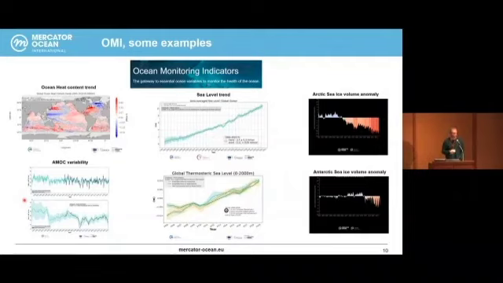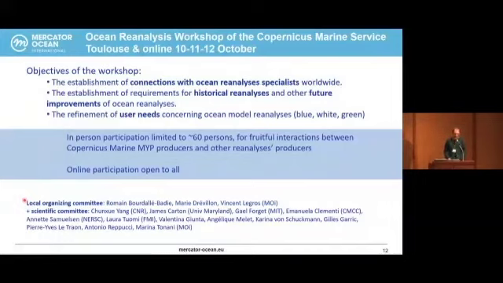We also wanted to establish the different requirements, particularly for historical reanalysis, and also to discuss future improvements between each other. And last but not least, we wanted to refine the different user needs, because for several years we have had people downloading Reanalysis and doing things with the data, and we are interested to know what the real need is.